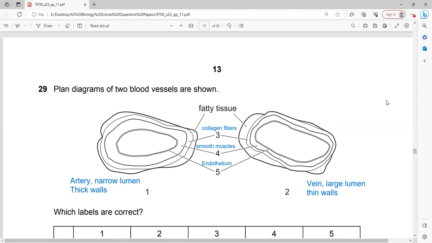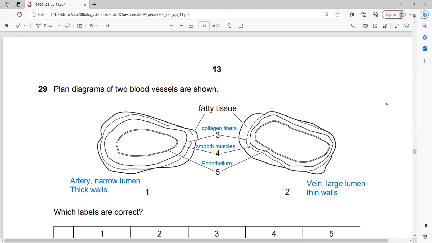Now, the outermost layer is the fatty or connective tissue, the external adventitia, and these are collagen fibers. Below that, we have the middle layer, which contains the smooth muscles.